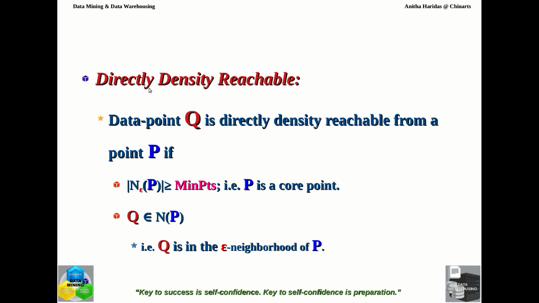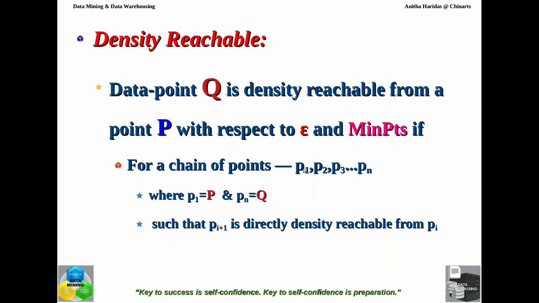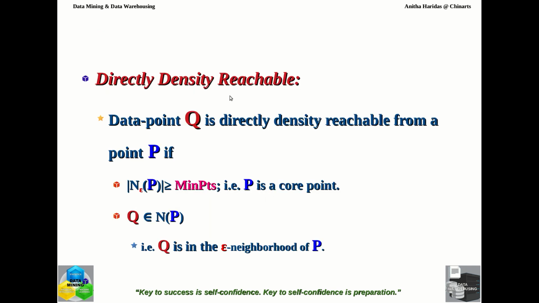Then we discussed what is directly density reachable, and in my previous video I showed some corrections also in the density reachable. So it was earlier directly density reachable, but please do correct it as density reachable. So directly density reachable: data point Q is directly density reachable from a point P if the epsilon neighborhood of P is greater than or equal to minimum points.